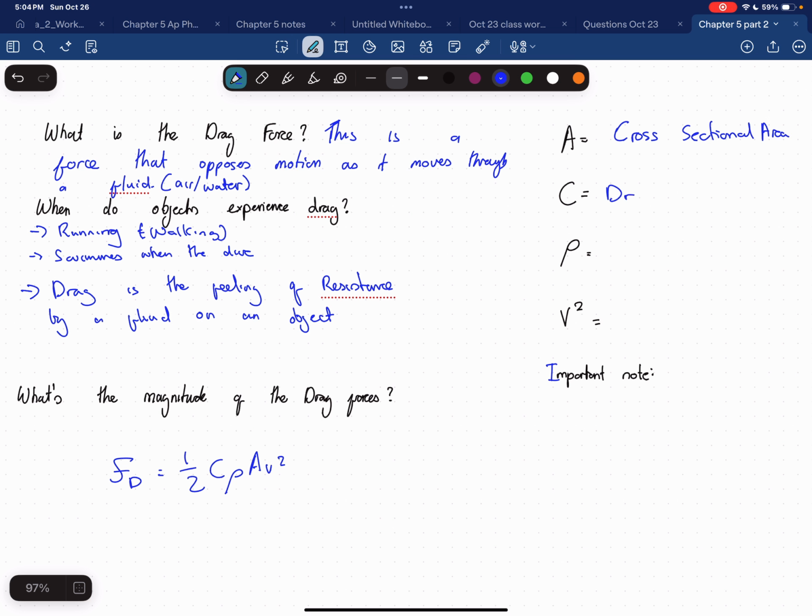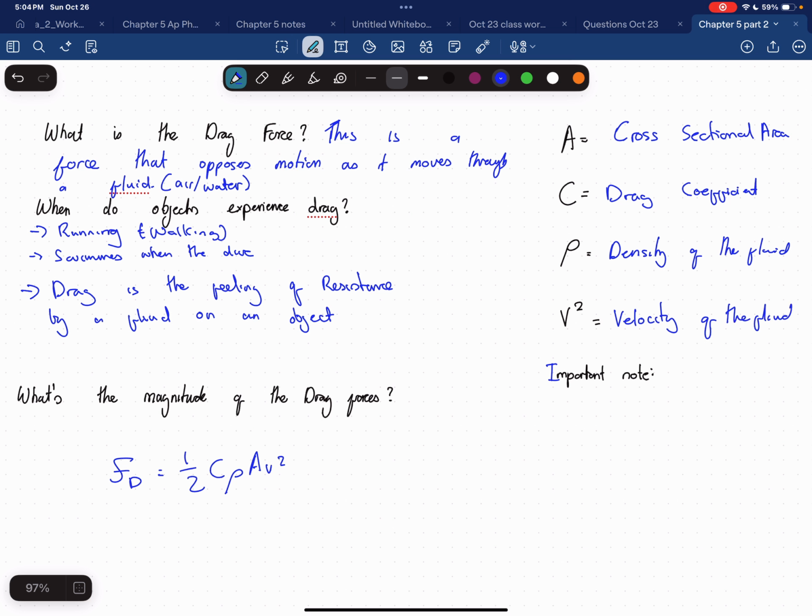C is the drag coefficient, another coefficient. Then we have rho, which is the density of the fluid. And then v is the velocity the fluid is moving at.